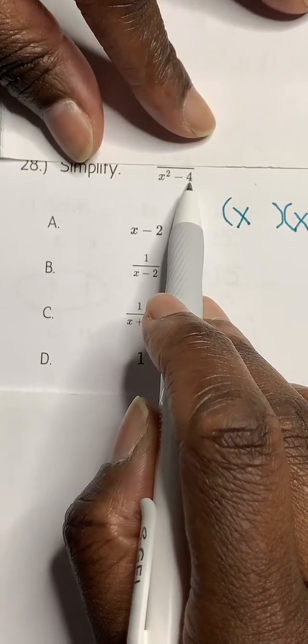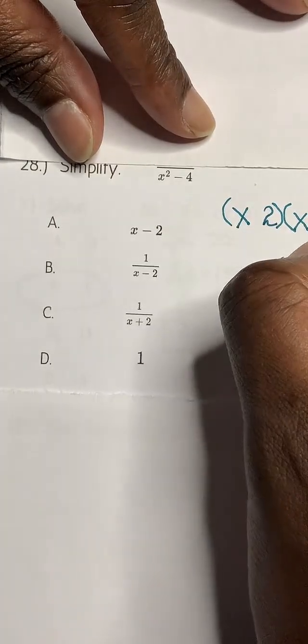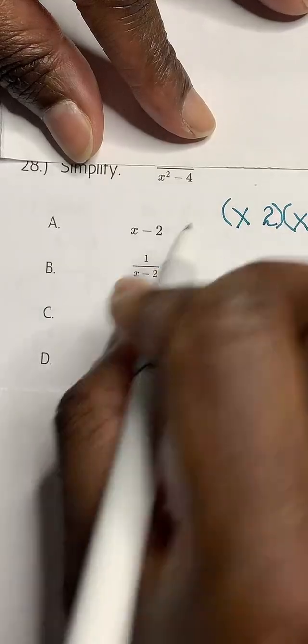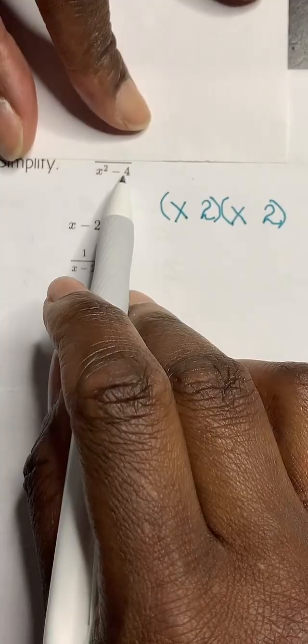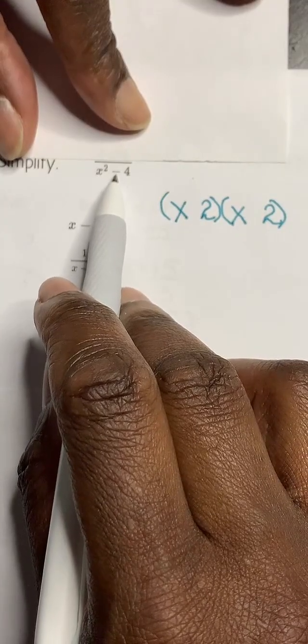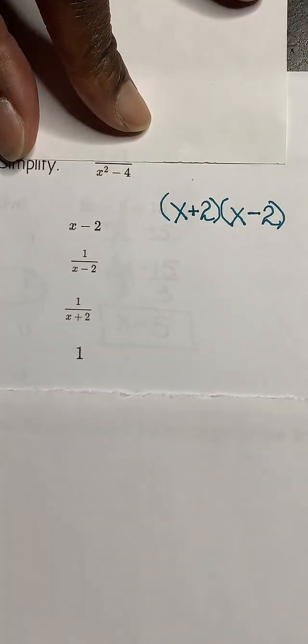So if I take the square root of that 4, that will give me 2, because 2 times 2 will give me that 4. But I'm not looking for just a positive 4. I'm looking for a negative 4. So that means one of our parentheses has to be positive, and the other one has to be negative.